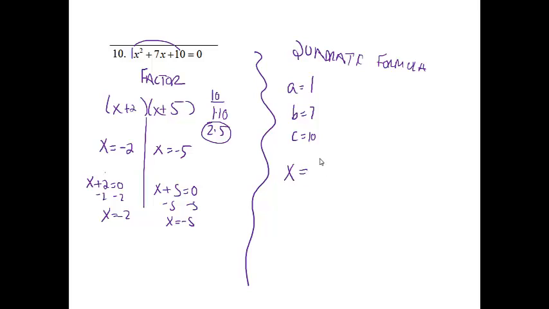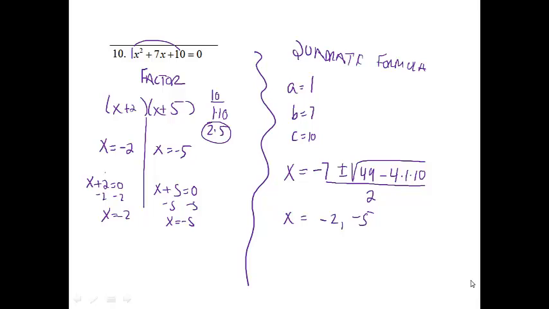X equals opposite B. The opposite of 7 is negative 7, plus or minus square root B squared. 7 squared is 49, minus 4AC, all over 2A. 2 times 1 is 2. And then if I were to type that in my calculator, one of my answers would be negative 2, and my other answer would be negative 5.